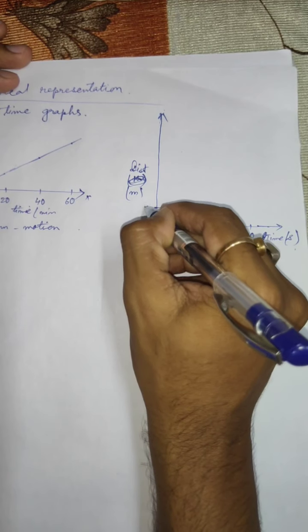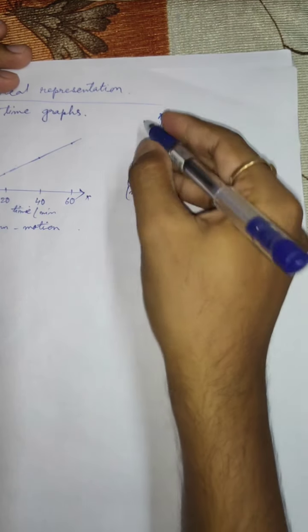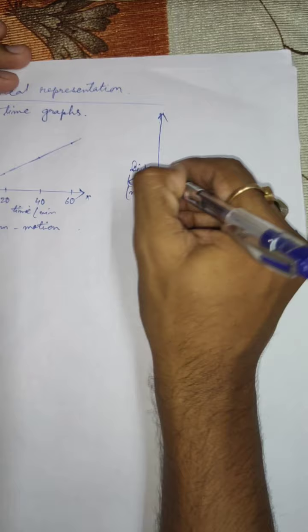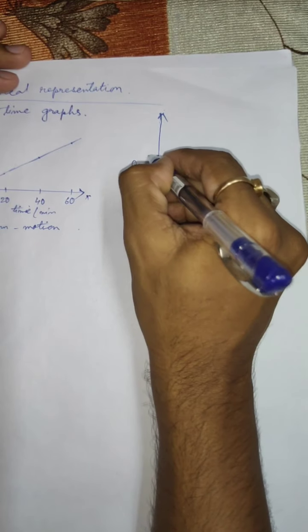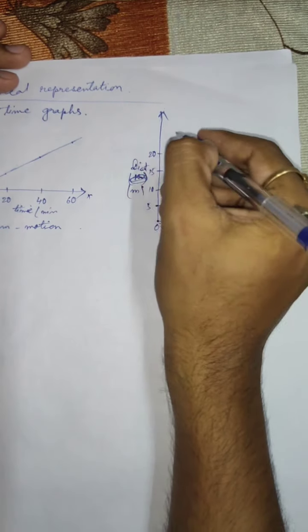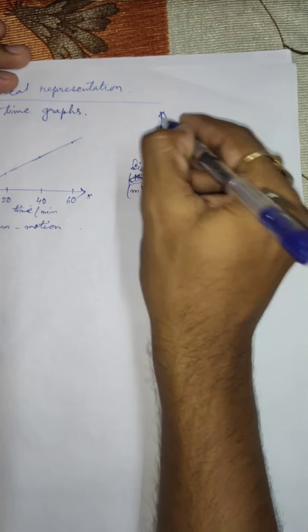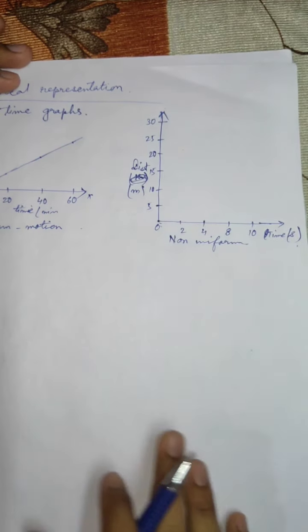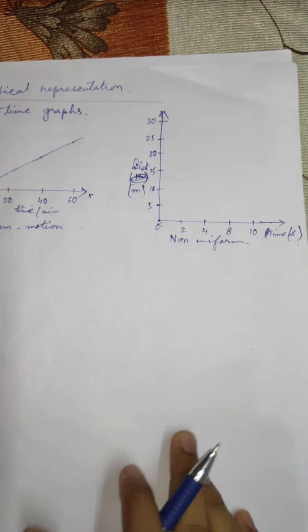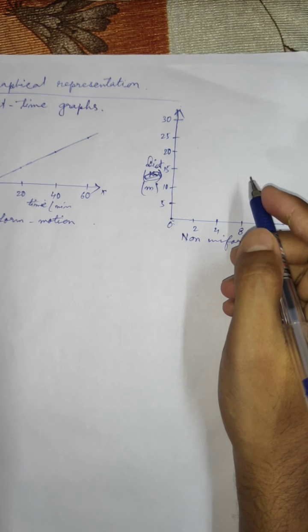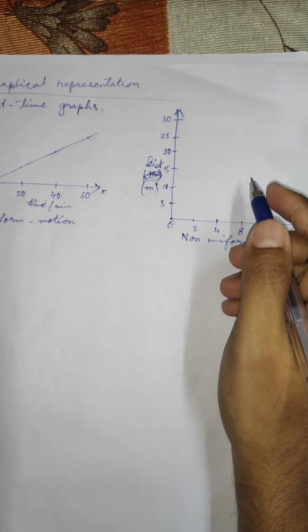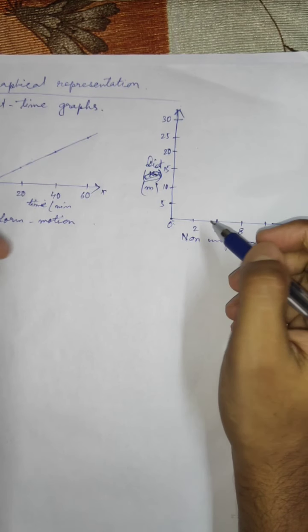So first 5, then 10, then 15, 20, 25, 30. Now non-uniform motion, see, an object travels unequal distances in equal intervals of time.